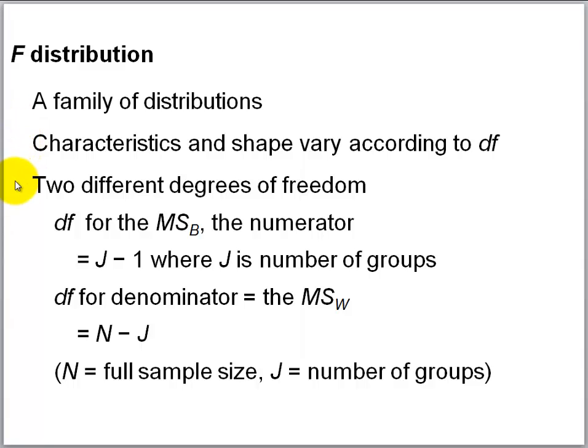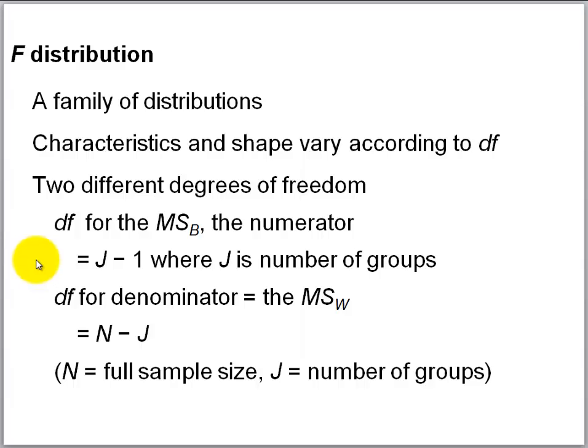Now there are 2 different degrees of freedom that define each F distribution. So this is different from chi-square and t distribution, where we're only dealing with 1 degree of freedom. But for the F distribution, we have degrees of freedom that are associated with the mean square between, that's the numerator in the formula, and we have degrees of freedom that are associated with the mean square within, the denominator in the formula for F.